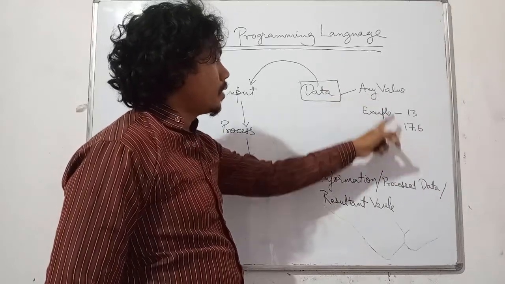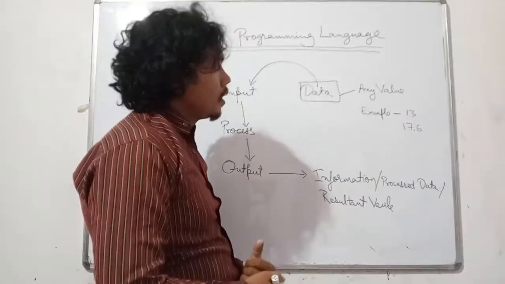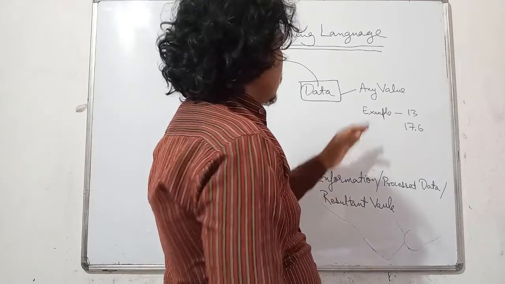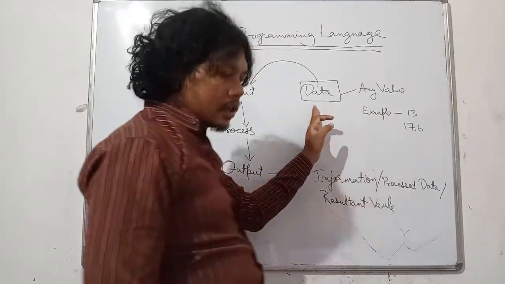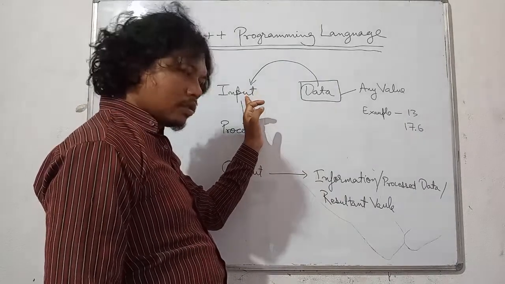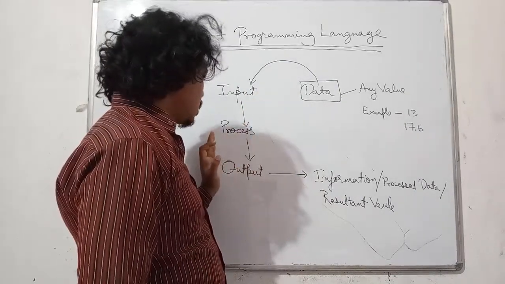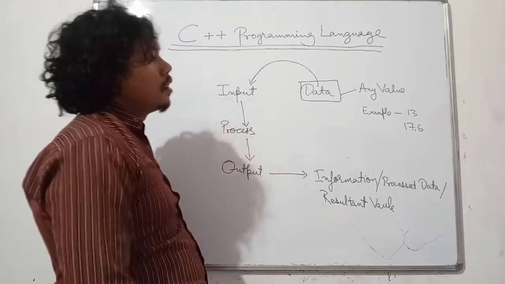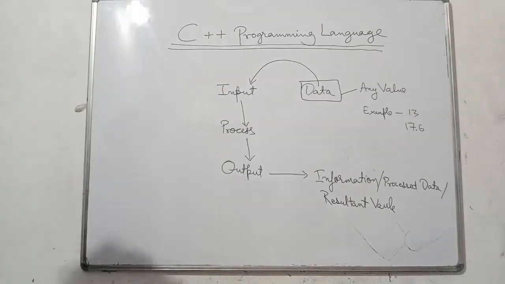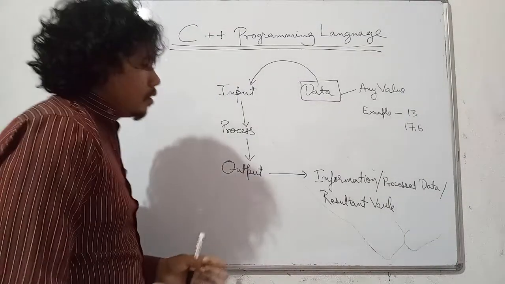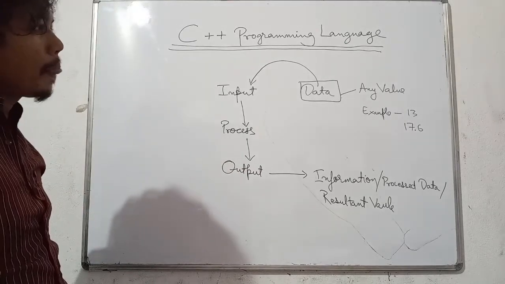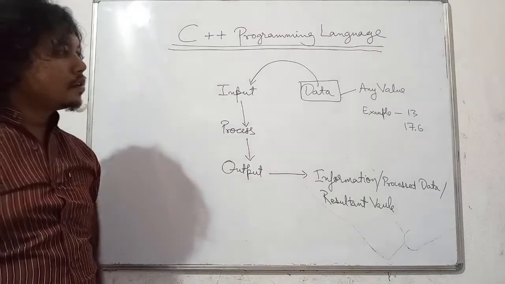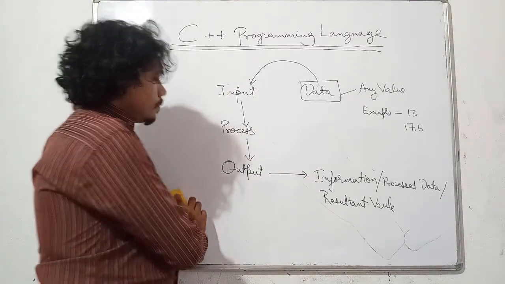So data can be any value, 13, 17, and many more values are as data, and we input that, then processing takes place, then output is given out. Okay, here everything is clear. So note it down if you need.